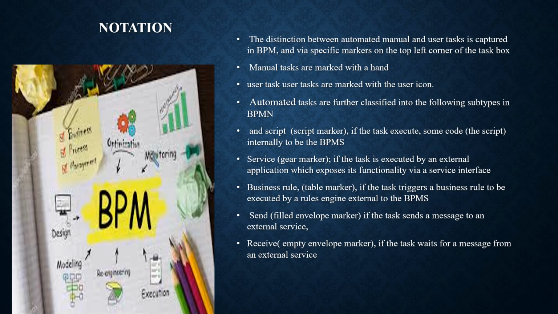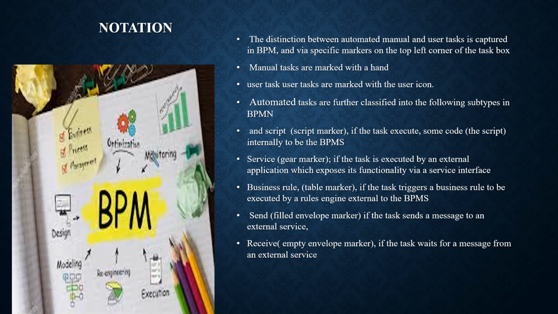Notation: the distinction between automated, manual and user tasks is captured in BPMN via specific markers on the top left corner of the task box. Manual tasks are marked with a hand, while user tasks are marked with a user icon. Automated tasks are further classified into the following subtypes in BPMN.